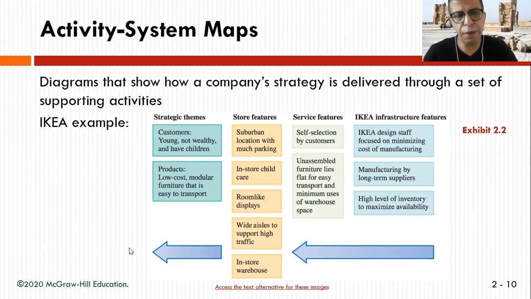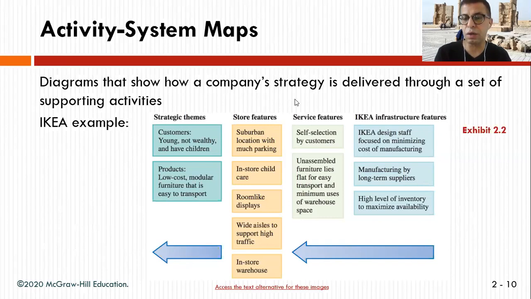So in IKEA, the diagram shows how a company's strategy is delivered through a set of supporting activities. In manufacturing, IKEA design staff focus on minimizing the cost of manufacturing. But who is their customer? Customers are young, not wealthy, and have children. They're looking for a low-cost, modular furniture product that is easy to transport.